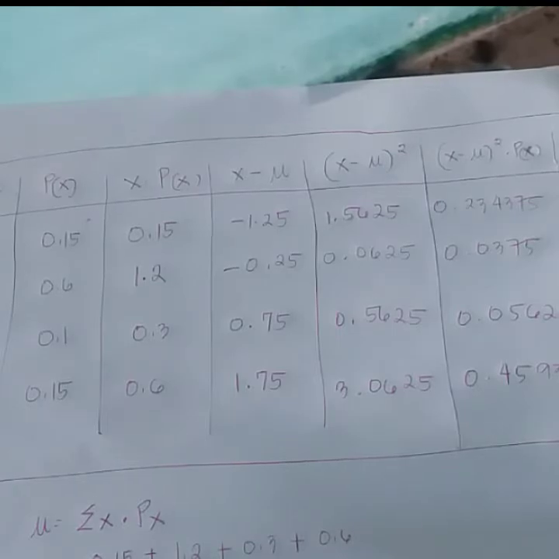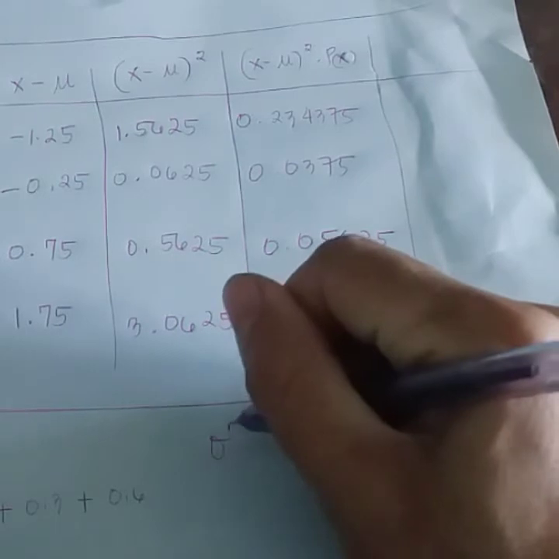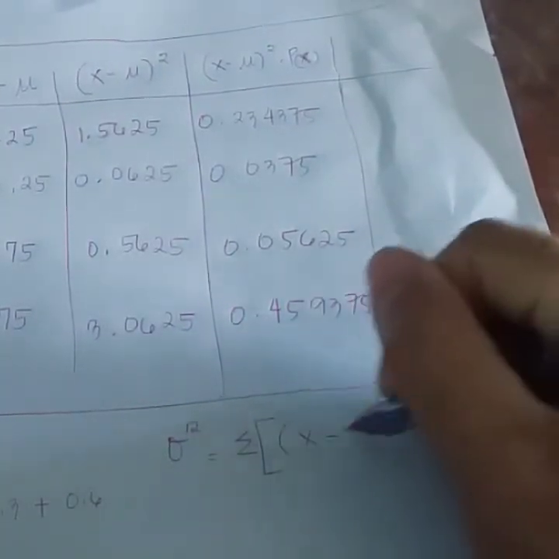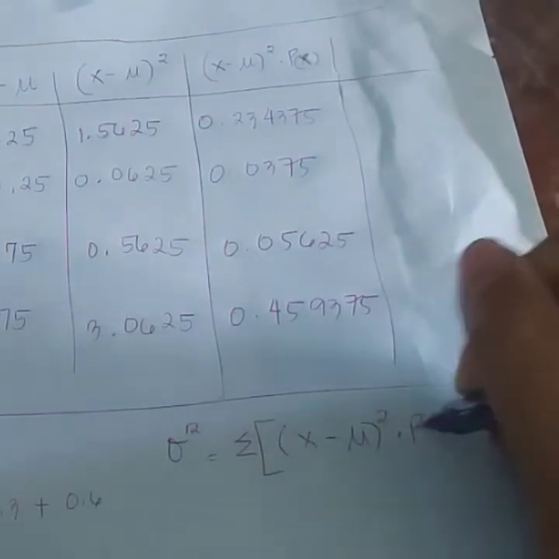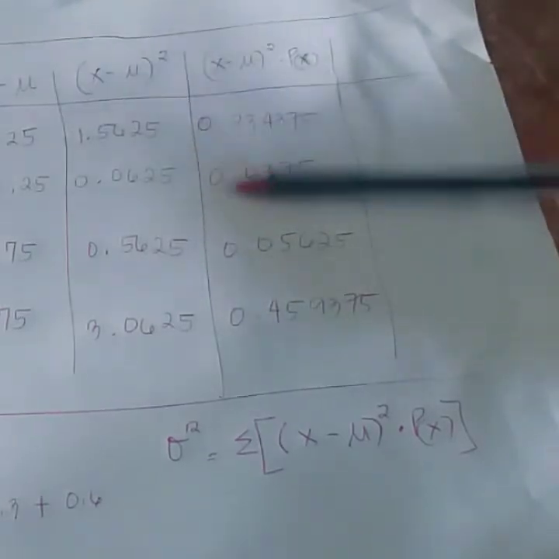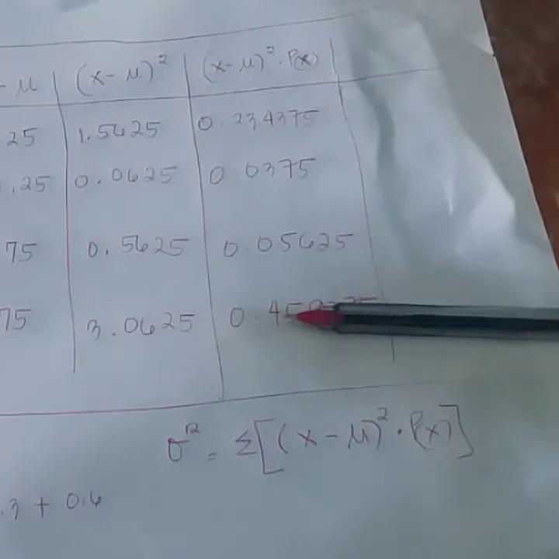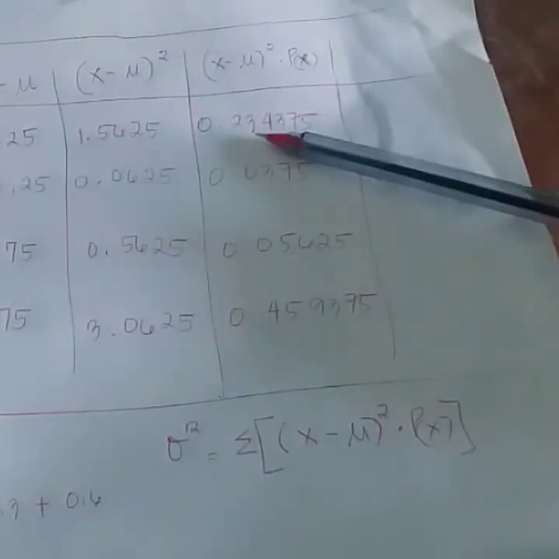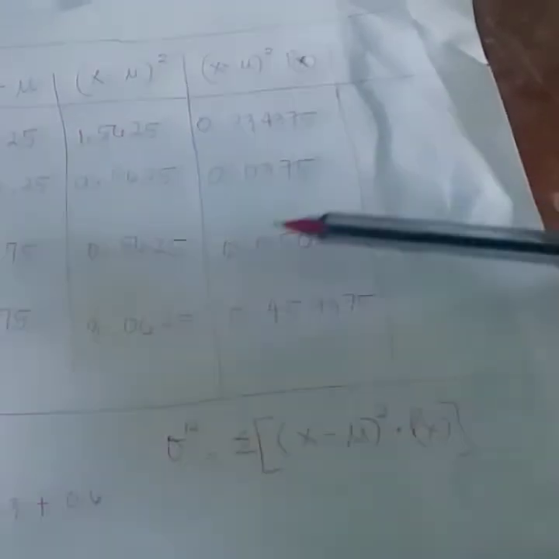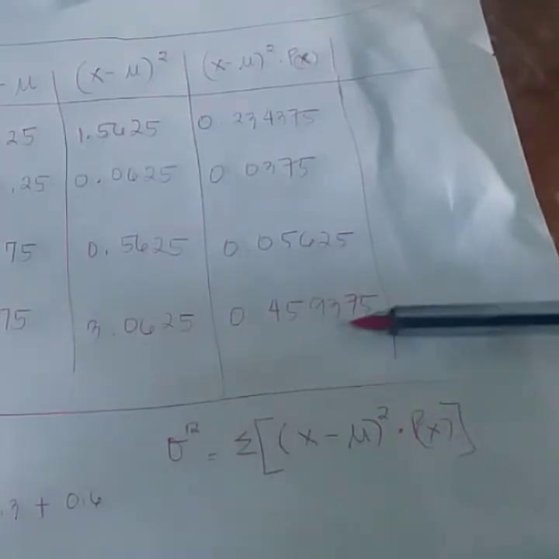After that, we need to solve for the variance. Variance is equal to the summation of x minus the mean squared times the P of x. So from this given, we need to add all of the values. 0.234375 plus 0.0375 plus 0.05625 plus 0.459375.